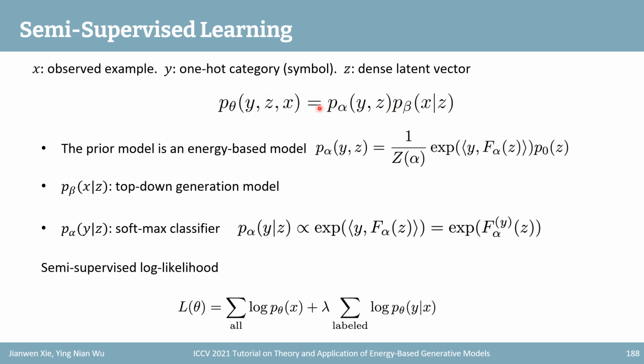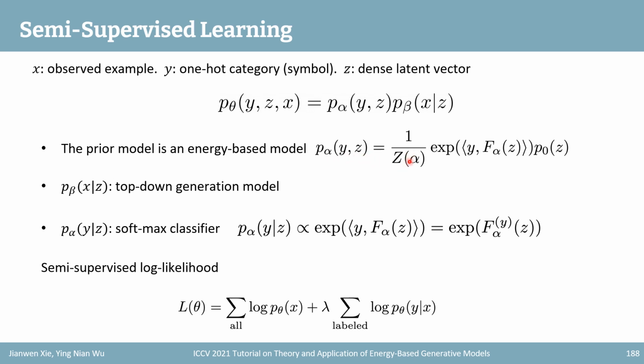This time we have a latent space energy-based model that couples this symbolic one-hot vector and this continuous dense vector. Then again, X is generated by Z. Given Z, Y is independent of X, so Z is like an information bottleneck. In fact, this top-down model gave us a better, more natural interpretation of information bottleneck.